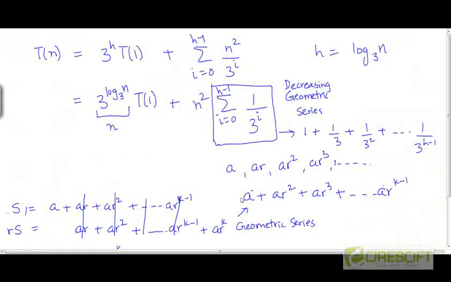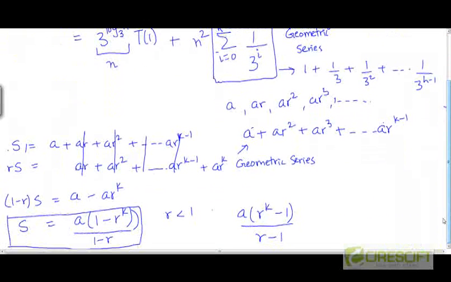If you have a geometric series where the common ratio is less than 1, that is, the terms are decreasing, then the value of the series, or the asymptotic complexity, is primarily determined by the first term of the series.